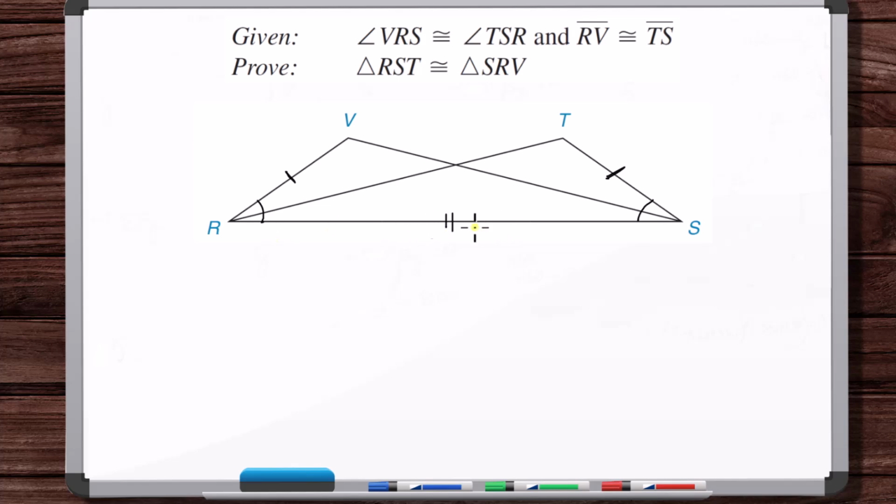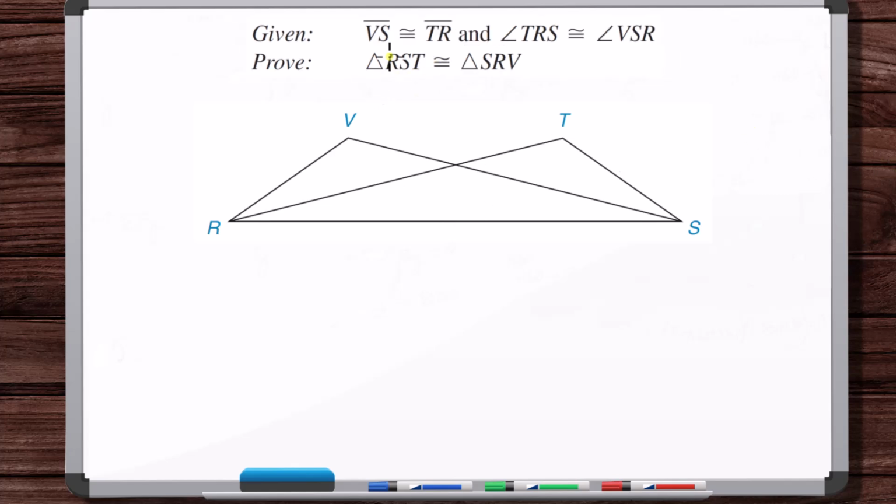So we can see with that we could use side, angle, side criteria to prove this congruence, which would mean that these two angles are going to be congruent. These two sides are going to be congruent. And everything's congruent. Segment VS is congruent to segment TR. Angle TRS is congruent to angle VSR.